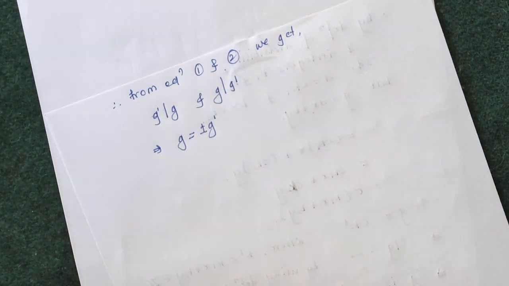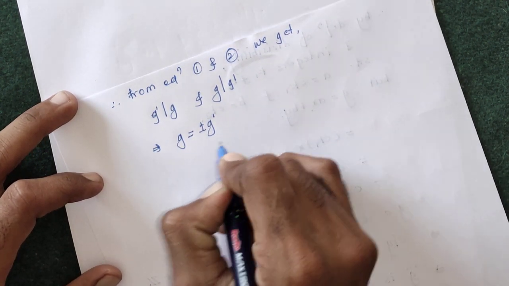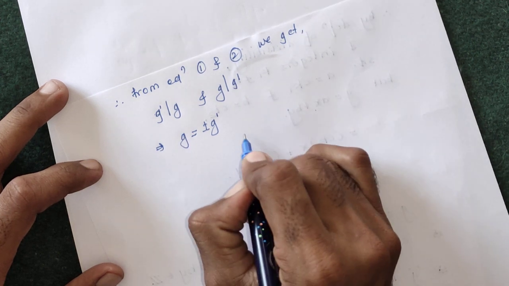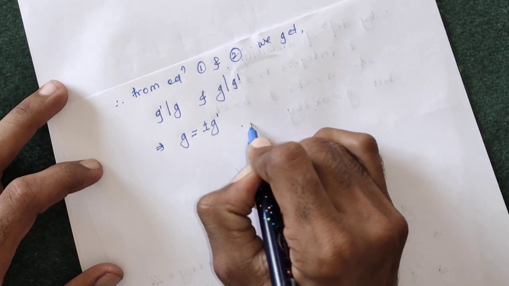This result we have seen in the second video; from those 6 statements, the fifth statement is: if a divides b and b divides a, then a is equal to plus or minus b. This is the standard result.